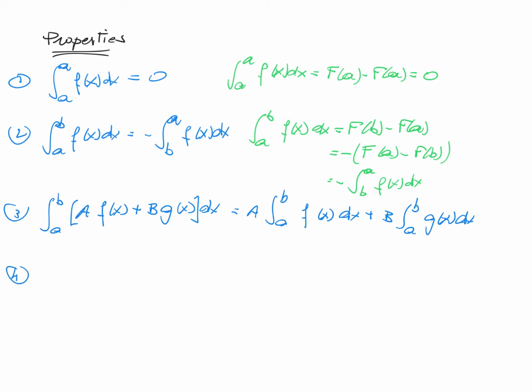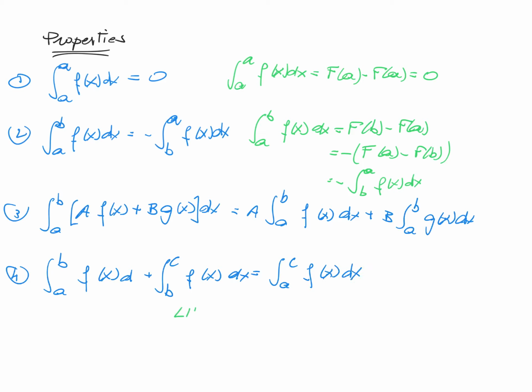And then the fourth property tells me that if I have an integral of f of x dx between a and b, and then I add the integral between b and c of the same function, this is just the integral between a and c of f of x dx.